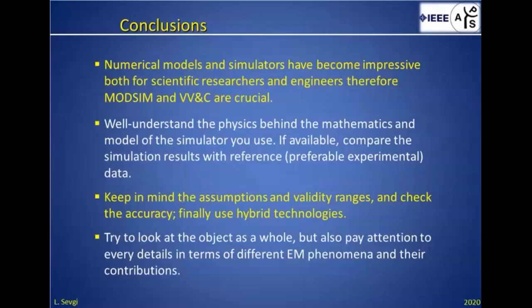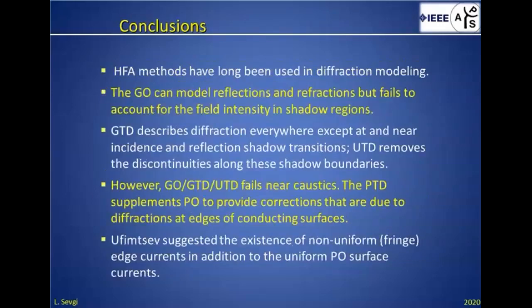In RCS and diffraction, try to look at the object as a whole, but also pay attention to every detail in terms of different electromagnetic phenomena and their contributions. Next slide. High-frequency asymptotic methods have long been used in diffraction modeling. We have GO, GTD.